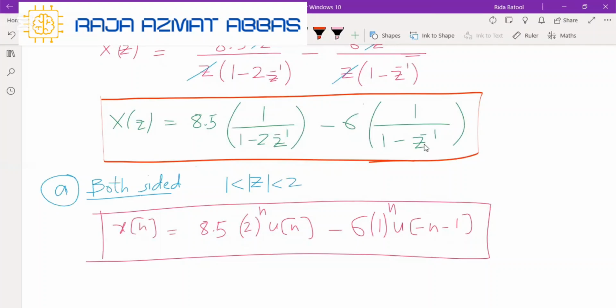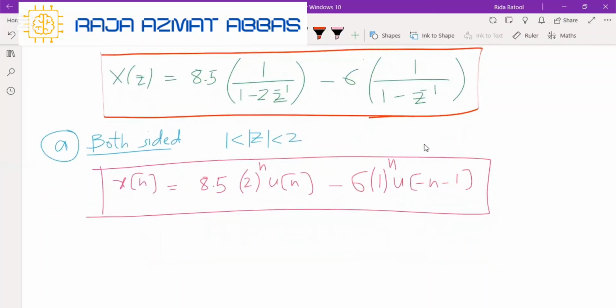Now let's write the second possibility. The second possibility is that the signal is only right-sided. If the signal is right-sided, one ROC will be z greater than 2 and the other ROC will be z greater than 1.